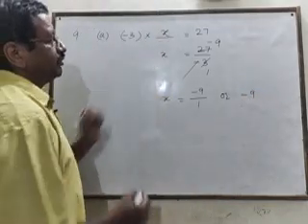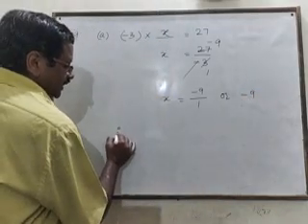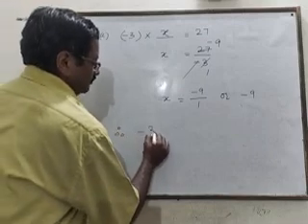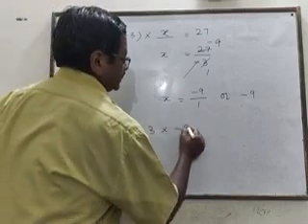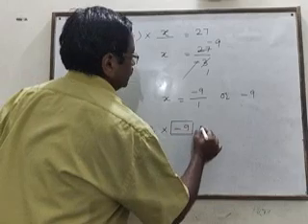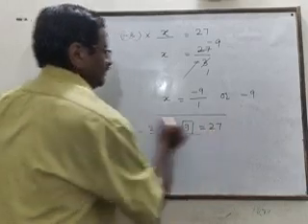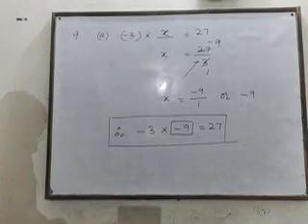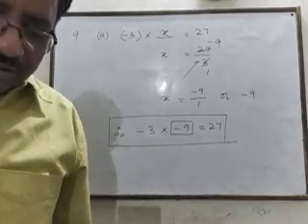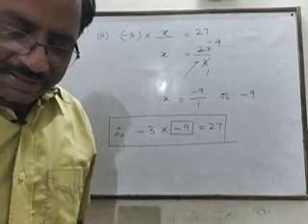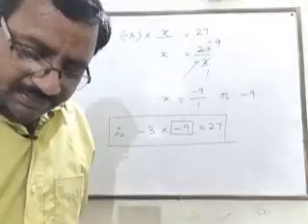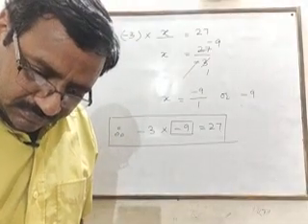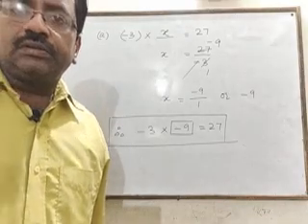So at the place of blank, again we will write the answer line: -3 multiply -9 is equal to 27. So like this, you will have to do all the other parts B, C and D and complete exercise 1.3. Thank you.